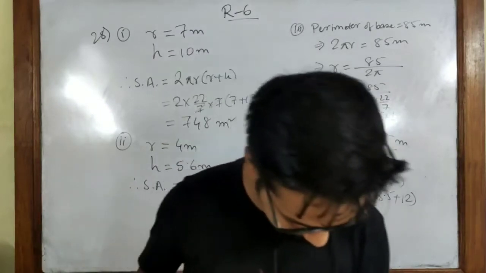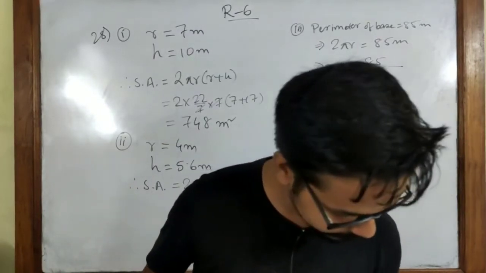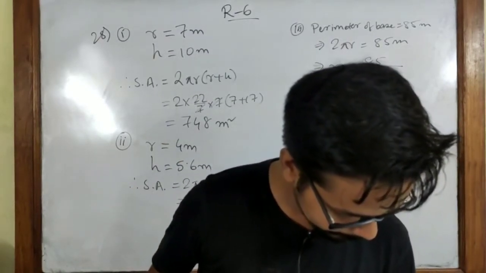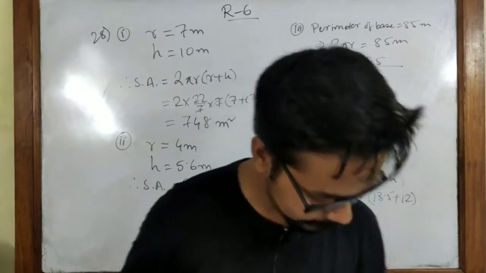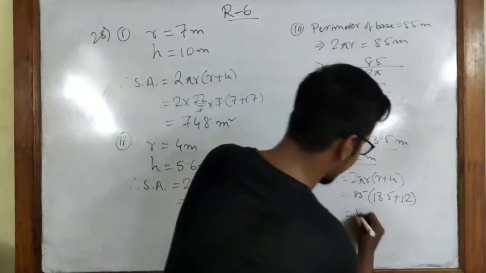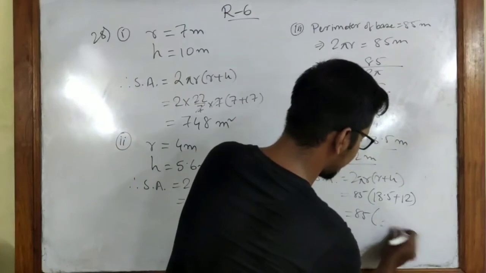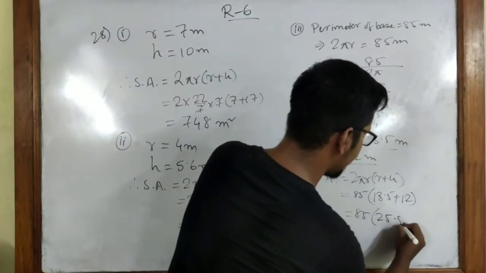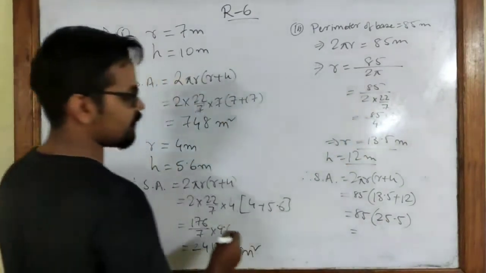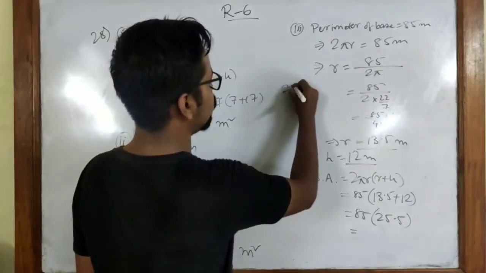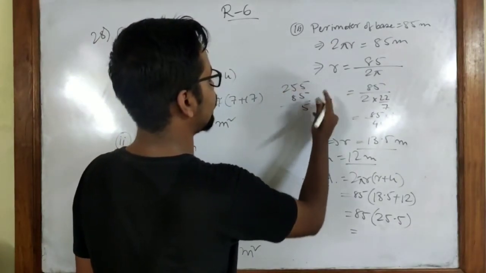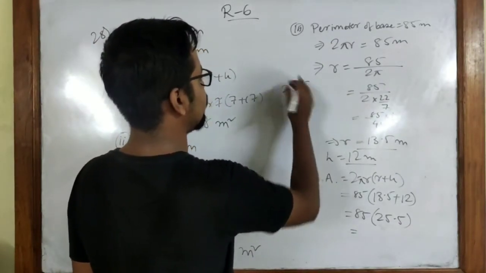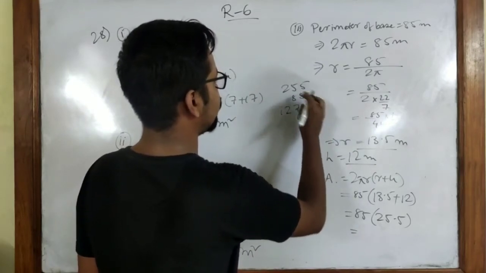So I think I had the same thing. Let me check it. Yeah, so we need to find this value. Let me try it again here so that I can check if there is any mistake. 25.5, right? So 25.5 into 85. So we have 255 into 85. Here we have 44.